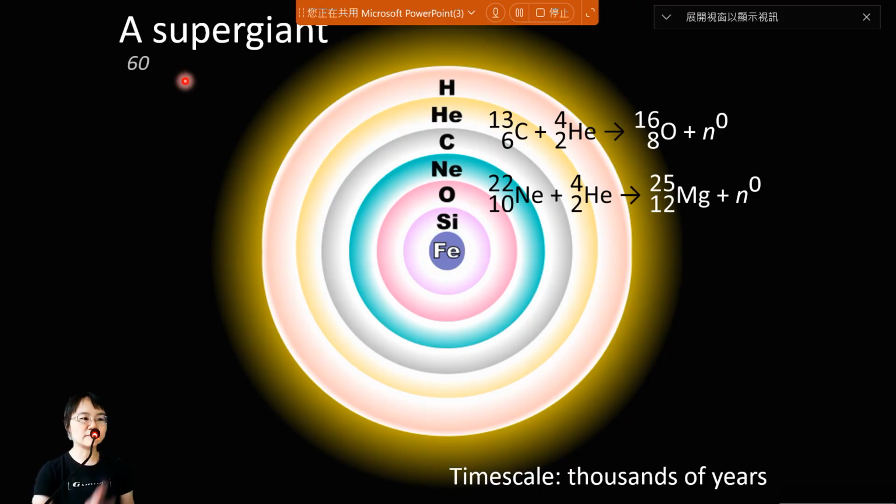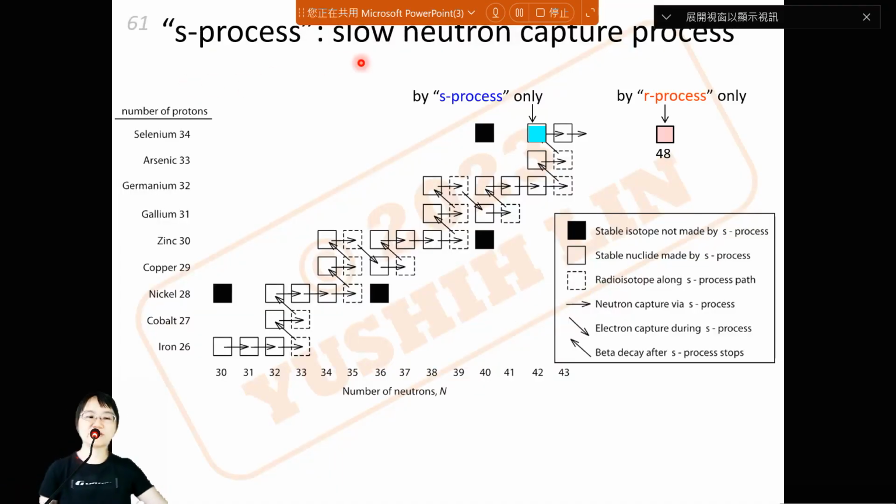For the s process, as mentioned, it's produced in a supergiant. And it's very different. You don't see the thick arrow because at this time, there's no machine gun shooting bullets. It's a little bit like a dropwise supply of neutrons. So when this happens, the nuclei can take their time, do their job slowly, absorbing neutrons slowly.